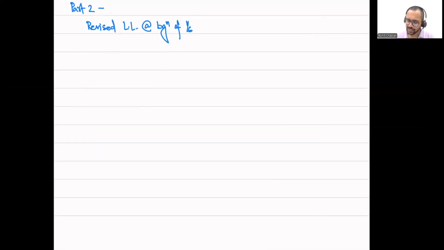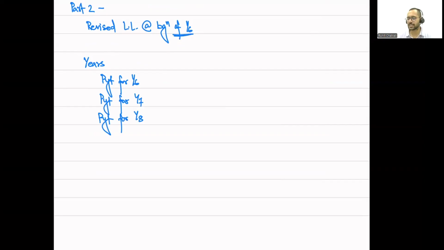All right. So the revised lease liability will actually be calculated as we have years, with payments made at the end of year 6, end of year 7, and end of year 8. Because we are standing at the beginning of year 6, payment for year 6 is 1 year away from today, payment for year 7 is 2 years away, and payment for the 8th year is 3 years away.